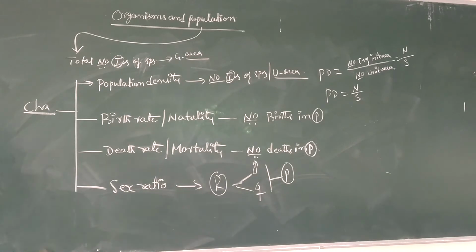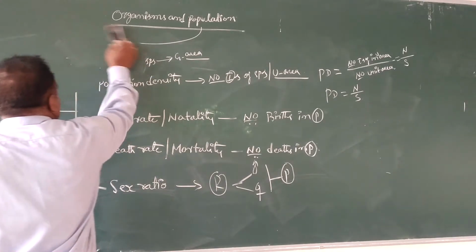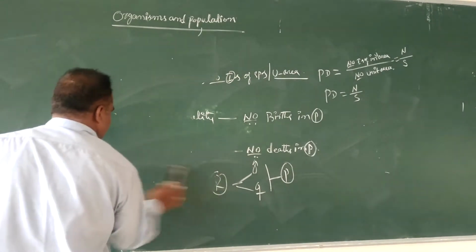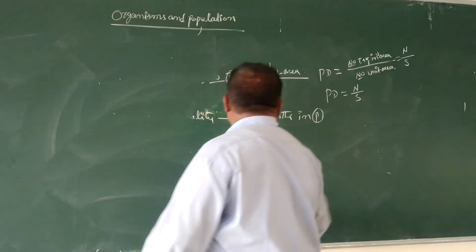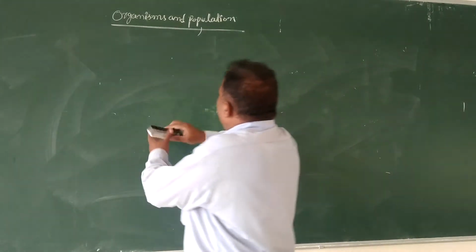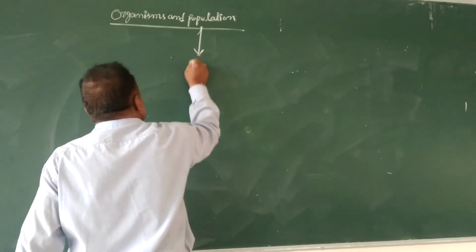In a population, there is occurrence of different aged individuals.